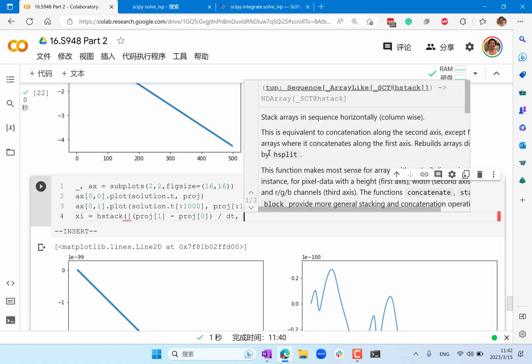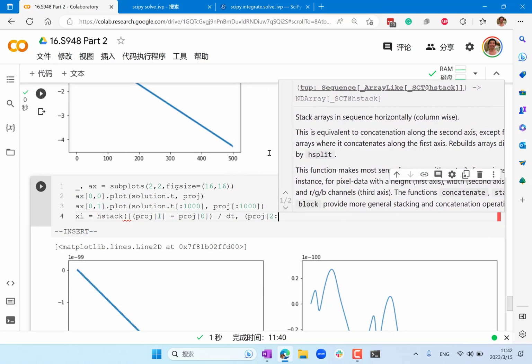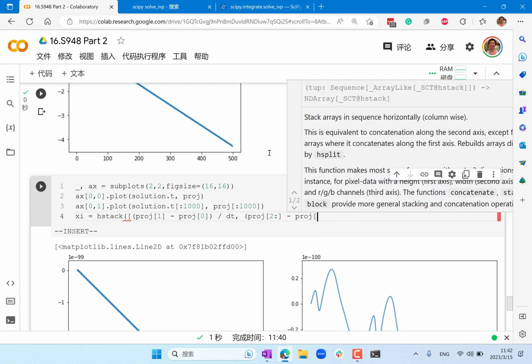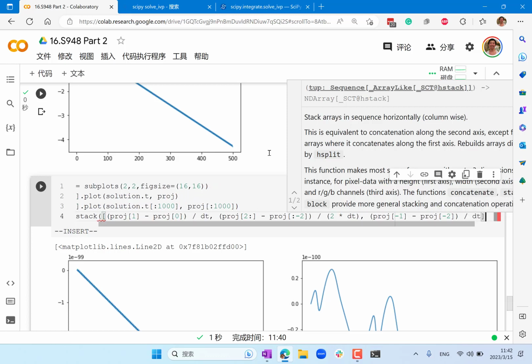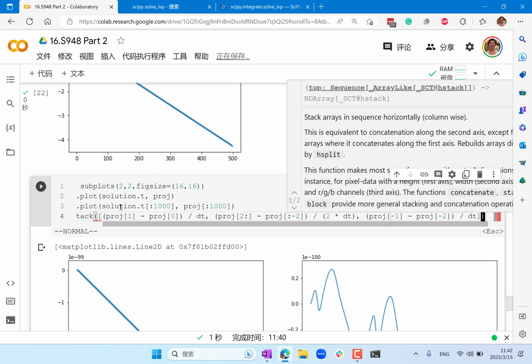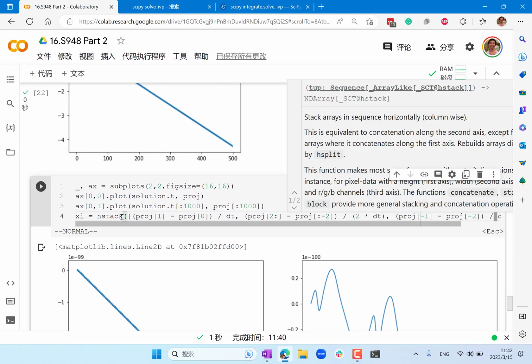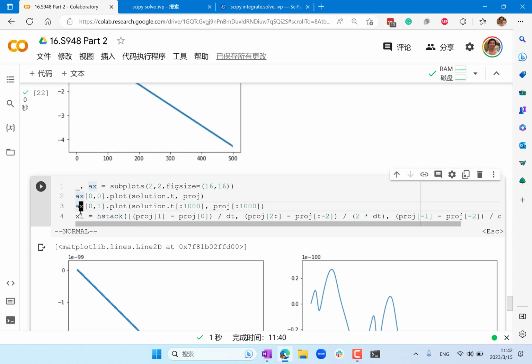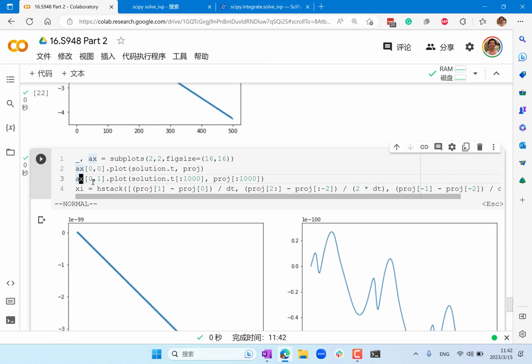And then the middle part is projection from 2 to minus 2, divided by 2 times dt, right? And then projection of minus 1 minus projection of minus 2, divided by dt. So that would give me a xi that's as long as my t, right?